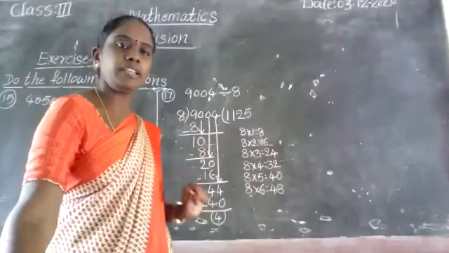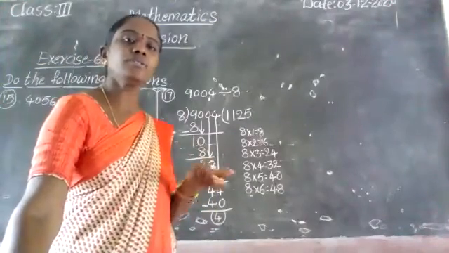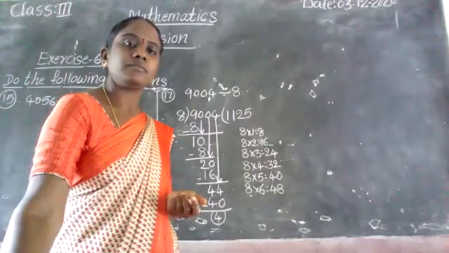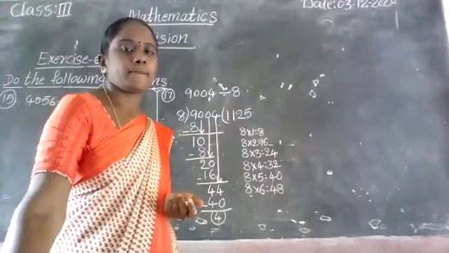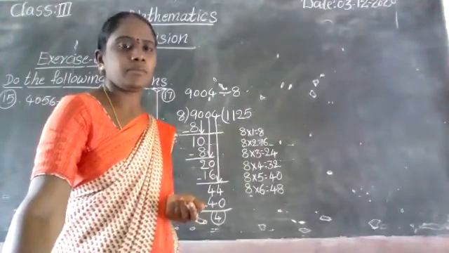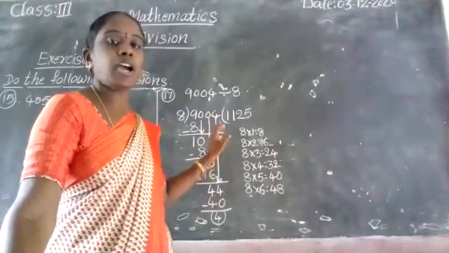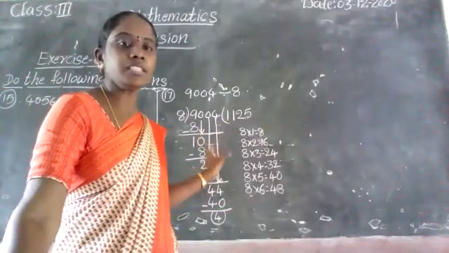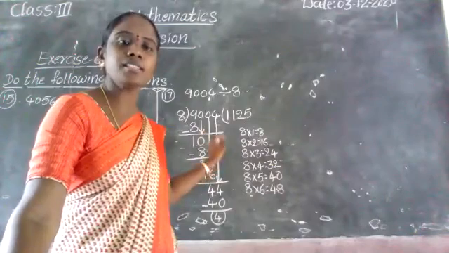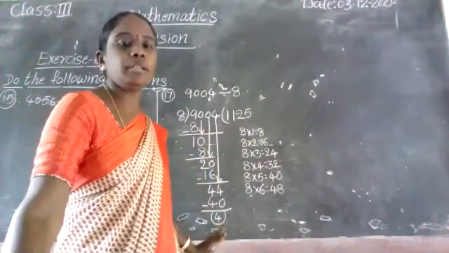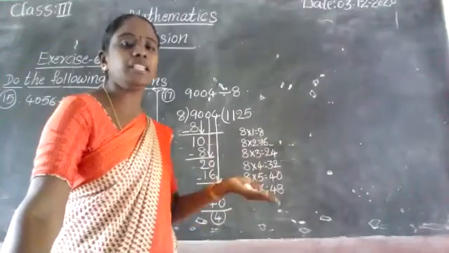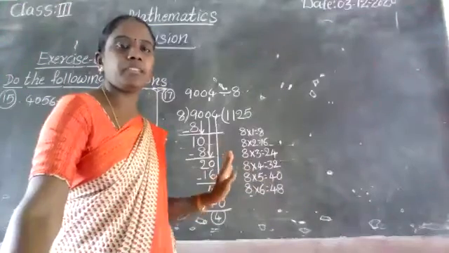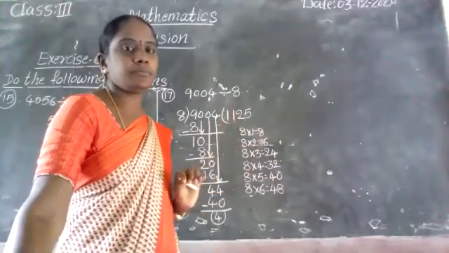Next, 4 is the remainder. After the division is completed, we have to write that the answer is the quotient only, not the remainder. Remainder means remaining. After the sharing, what remains is the remainder. But the quotient is the answer. Okay?